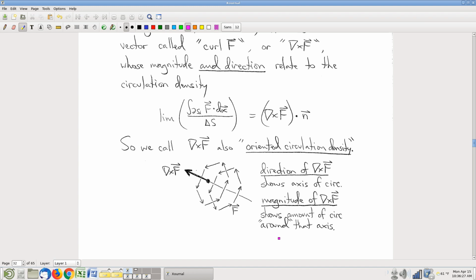Analogously, here in this situation, there is a vector that tells us by its magnitude how much of a vortex, how much of a tornado is, how much spinning, if you will, is the fluid doing, but also by virtue of its direction shows you in what direction is that spinning happening. Specifically, it indicates the direction by virtue of pointing in the direction of the axis that the spinning is happening around.